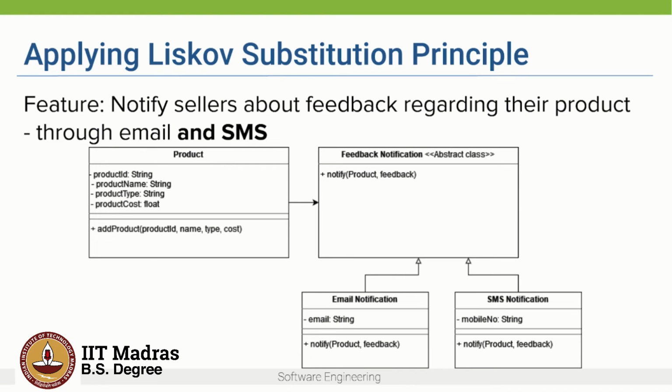So what we can do, as we notice that this email field was causing issues, right? We can remove that field from the abstract class and we can create derived classes and add the necessary parameters there. So for example, we'll have an email notification class which has an additional parameter email. We'll have an SMS notification class which will have an additional parameter mobile number.